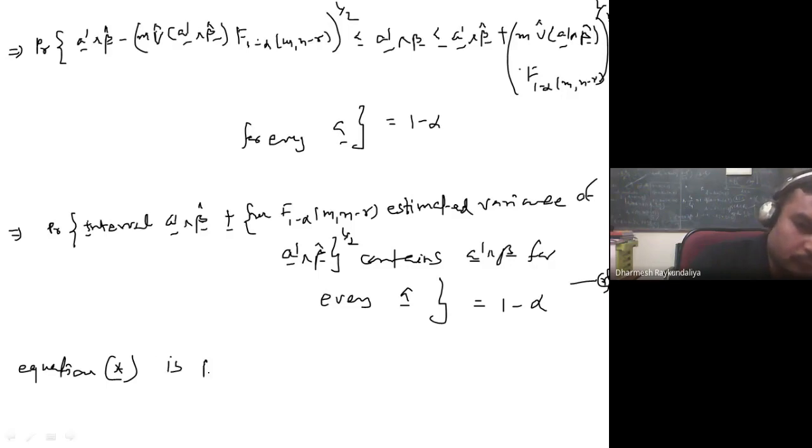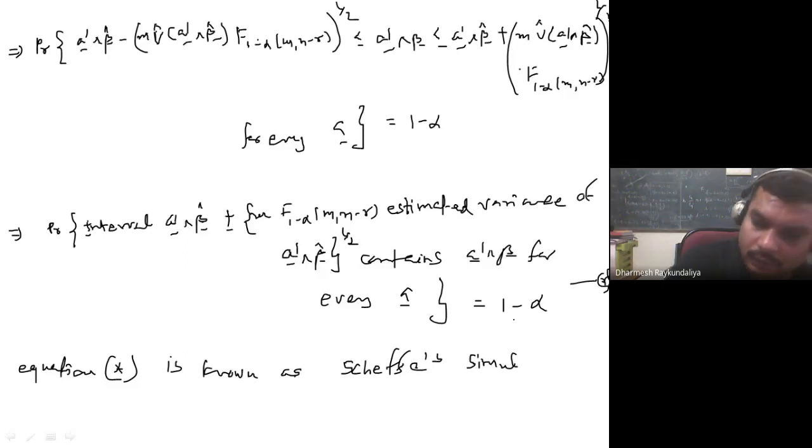Because it is given by Scheffé, it is known as Scheffé's simultaneous confidence intervals. Why simultaneous? Because this is a 1 minus alpha probability not for only one parametric function. It is for all m parametric functions.